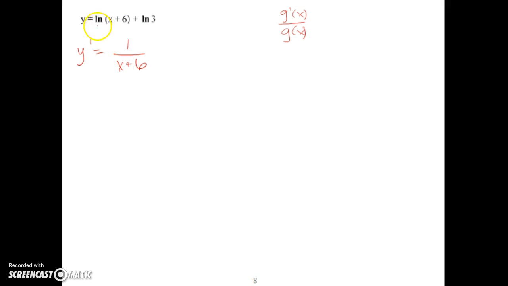And then the derivative of natural log 3 is going to be the derivative of 3, which is 0, over 3. So to simplify, we get 1 over x plus 6 plus 0. So the derivative of this is going to be 1 over x plus 6.